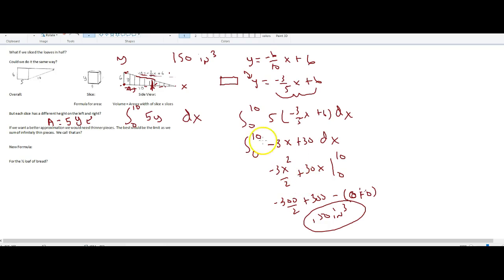So what's happening here is, when I have a problem where my area is changing as I walk through my shape, I'm going to have to write the area in terms of a function. And if I'm walking in the x direction, it better be in terms of x.